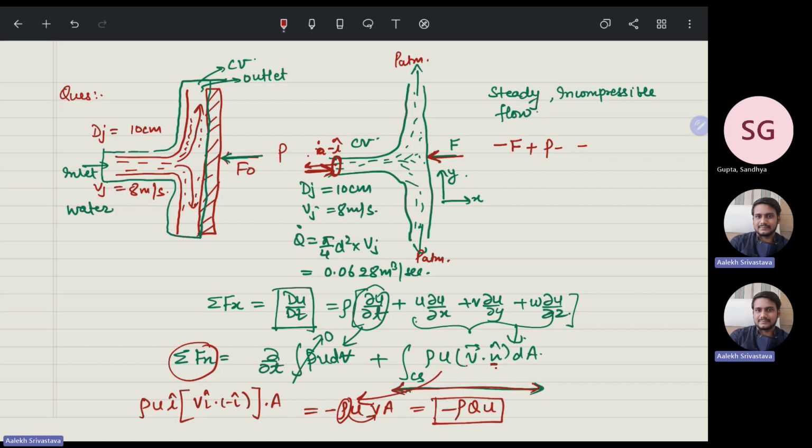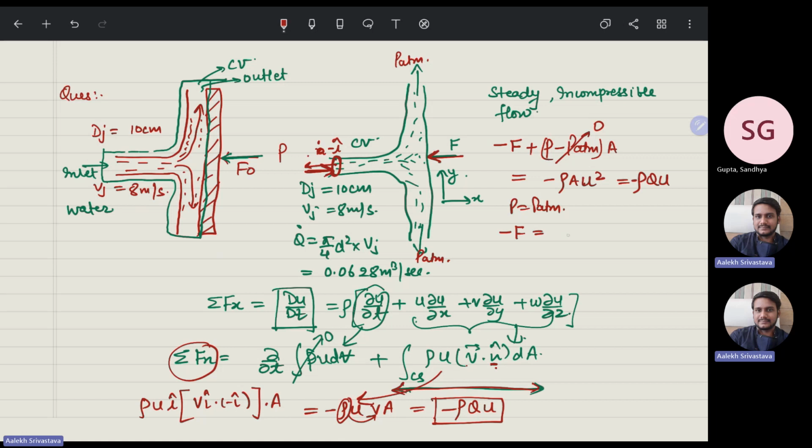So it is P minus P atmospheric into area, which is equal to minus rho A u square, or we can also say rho Q u. Now, if we simply solve, P is equal to P atmospheric, everything is at atmospheric pressure, so this term will go to 0.